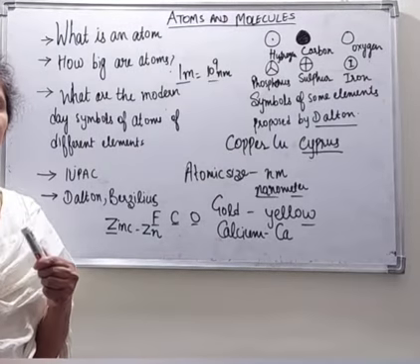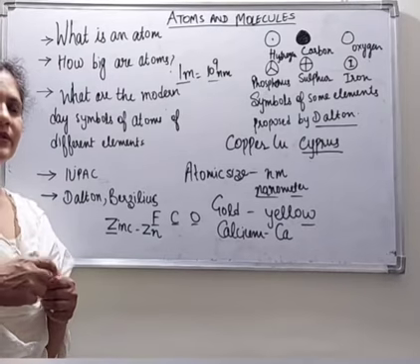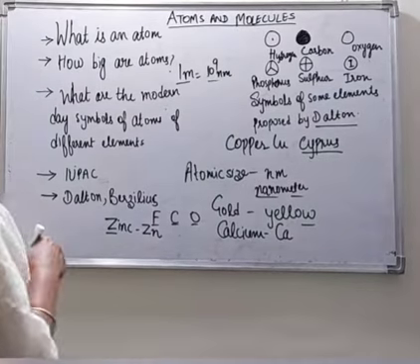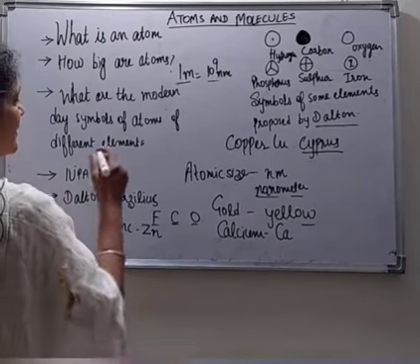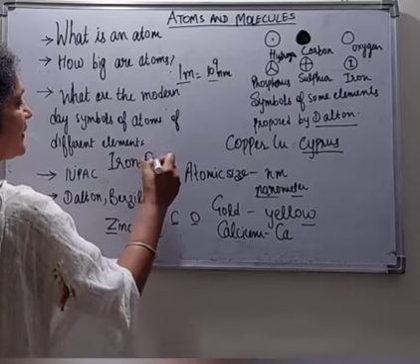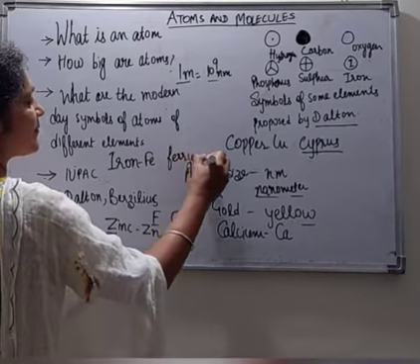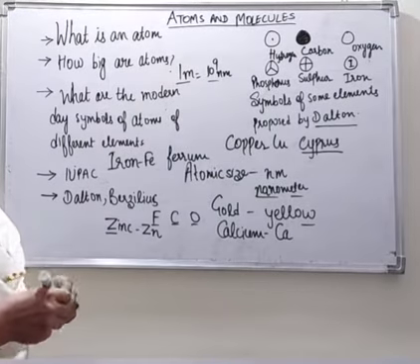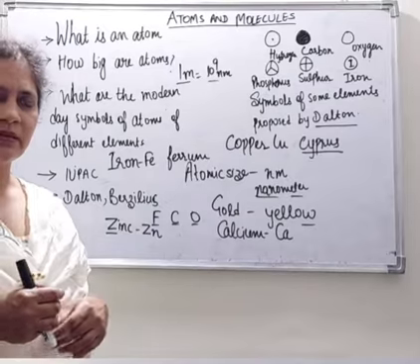Some symbols come from Greek and Latin languages. For example, we can say iron. Its symbol is Fe. It has come from the word ferrum. So these were a few different ways in which symbols can be written.